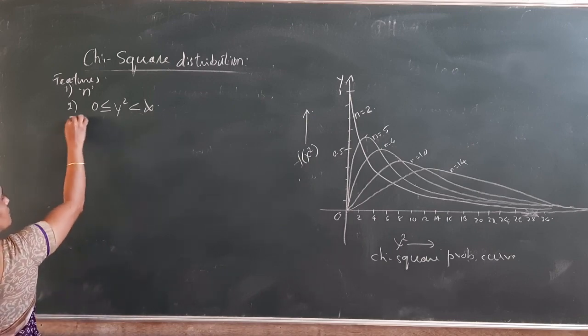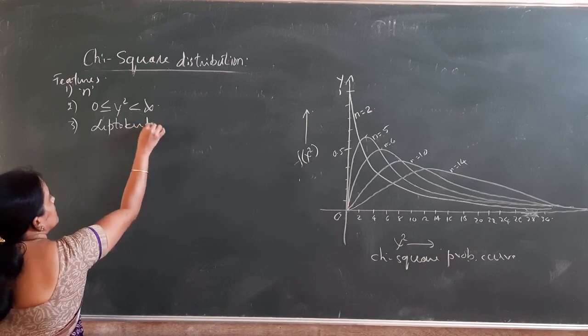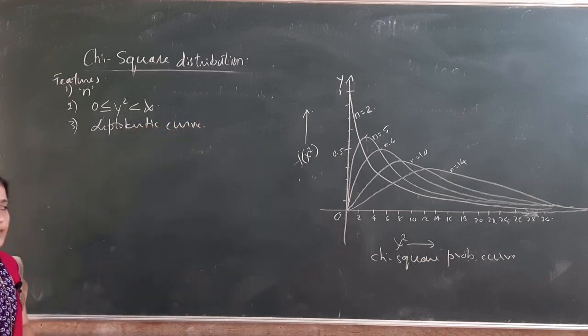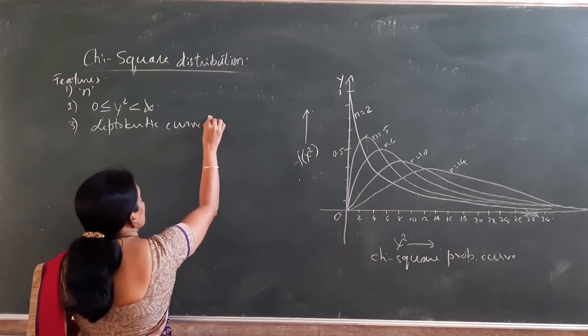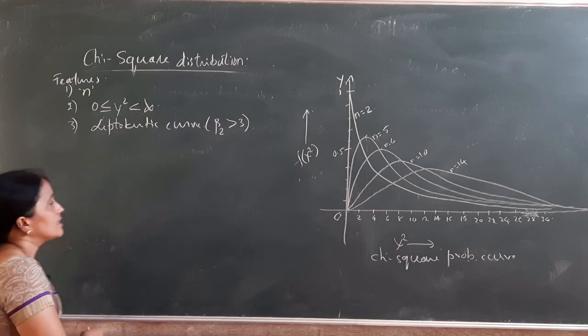Next, third one, it is a leptokurtic curve, that is, highly peaked. That is, the value of beta 2 is greater than 3.